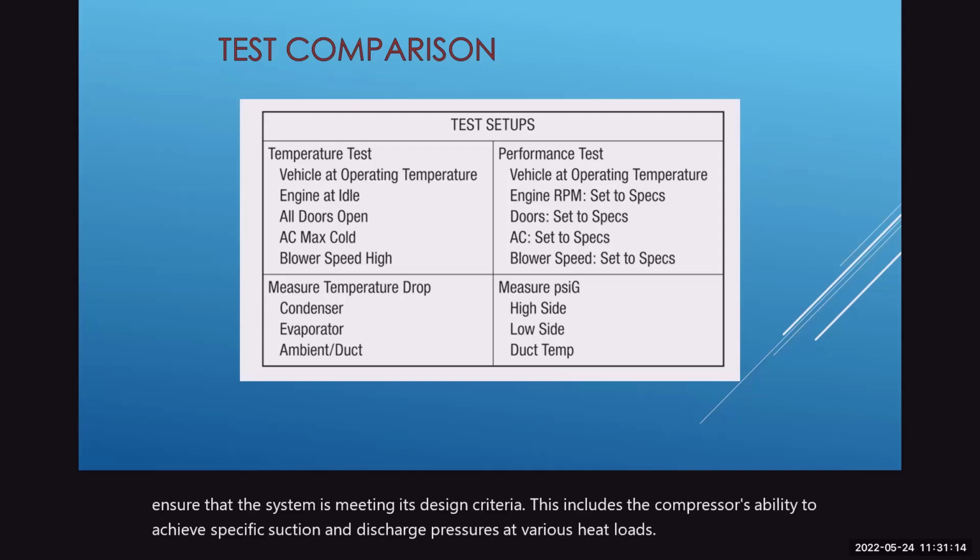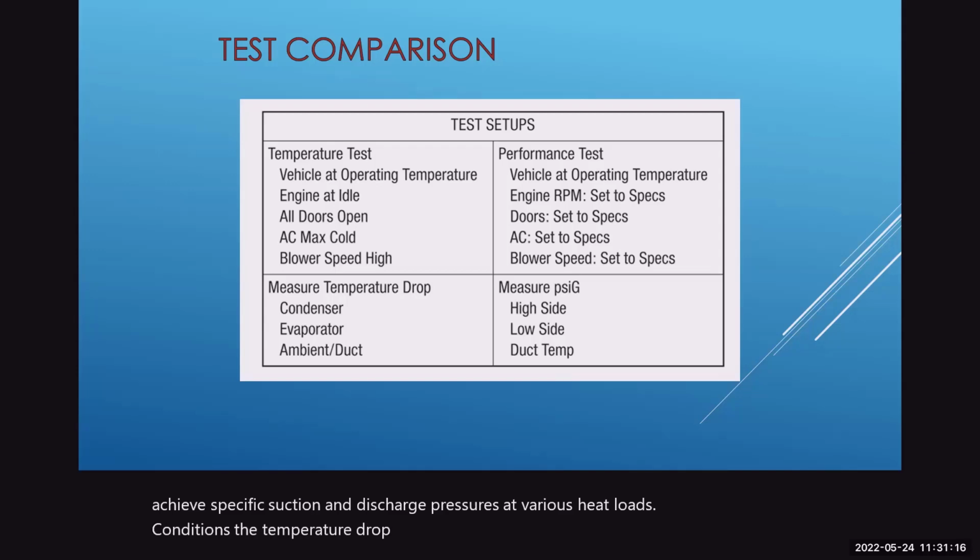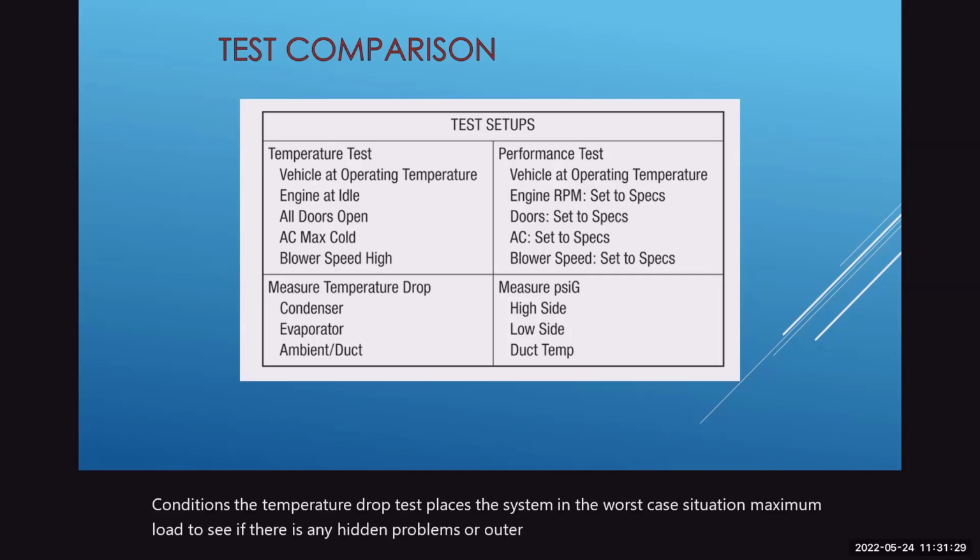The temperature drop test places the system in the worst case situation, maximum load, to see if there are any hidden problems or out of range components, as well as to check correct charge levels.